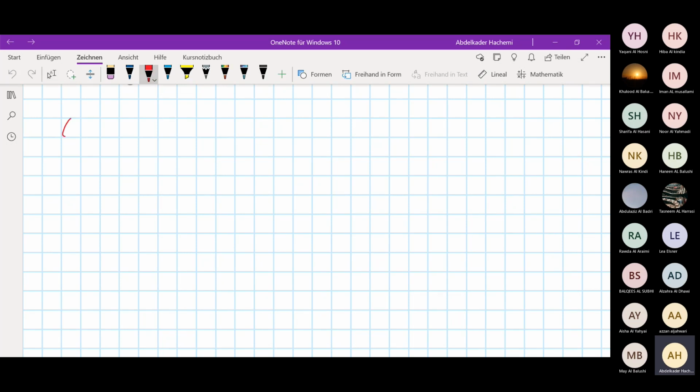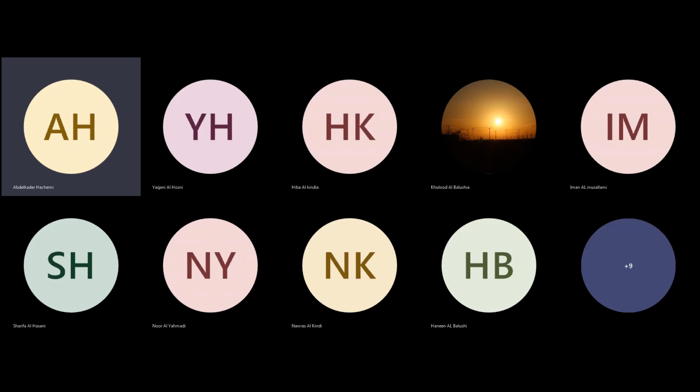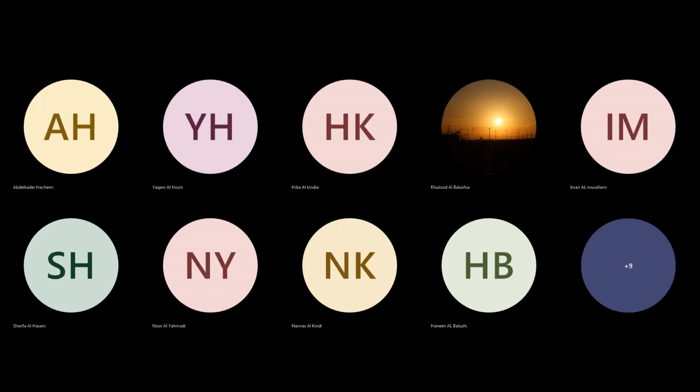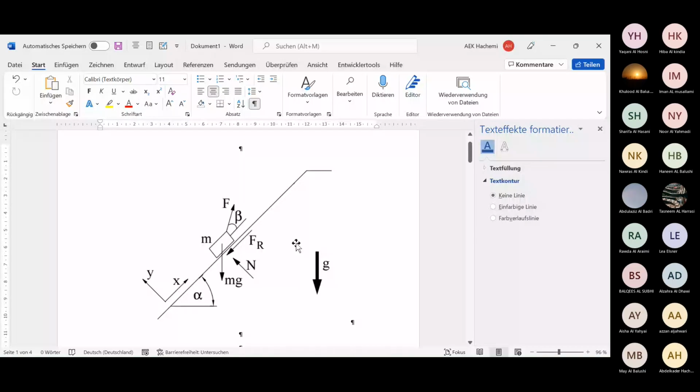Okay, here now we have exercise 1. And now if we look at the problem, I'll return back to the picture.